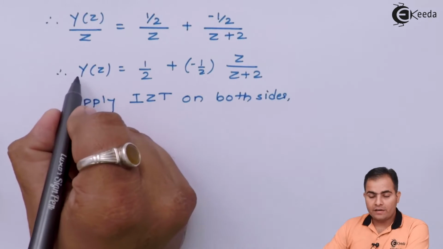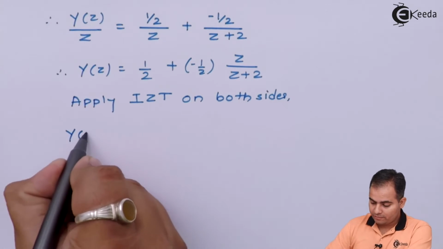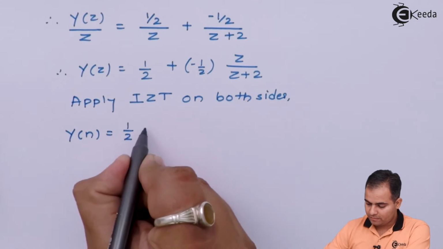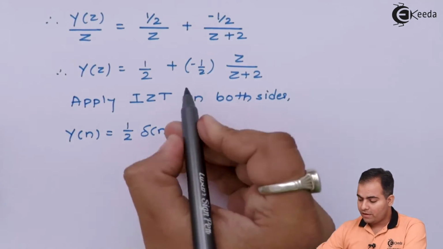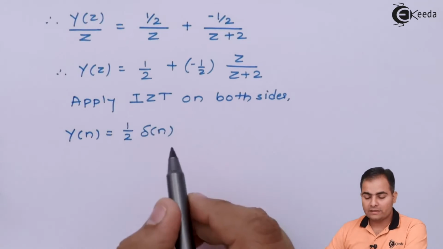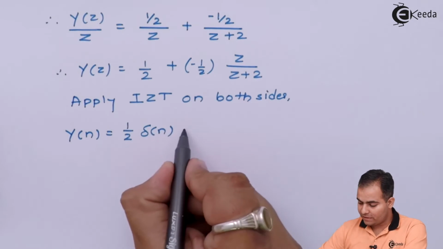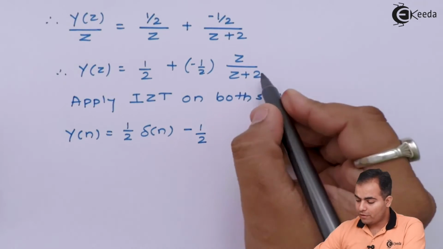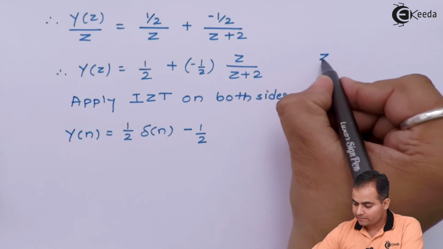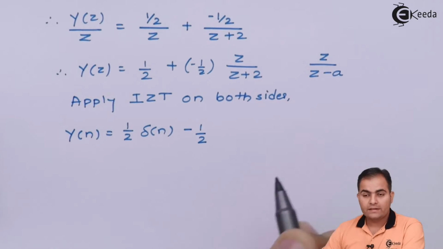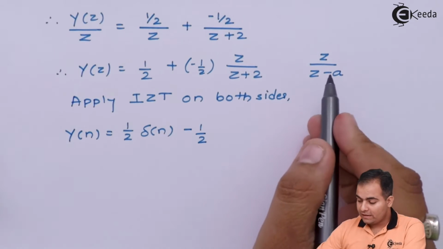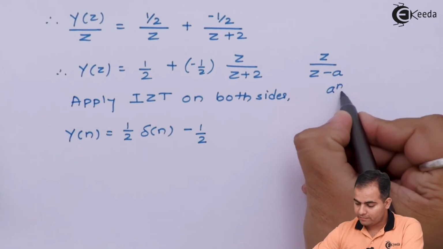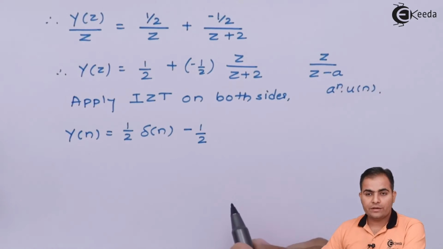So we can write the inverse z transform of Y of z is nothing but y of n. Next, the inverse z transform of a constant is always delta of n, so minus half delta of n. Then here we want to write this whole equation like z upon z minus a, because the inverse z transform of it is a raised to n into u of n.